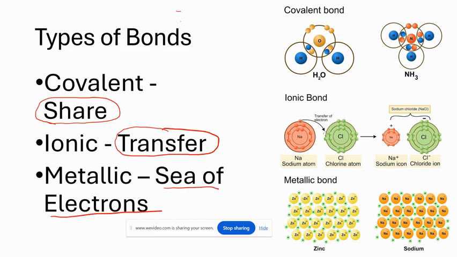Then the next type is called metallic, and metallic involves a sea of electrons. So here you're going to have a positive cation, and your electrons are going to be able to flow or move kind of independently through those cations. And that's why these metals are capable of moving electricity, because all electricity is moving electrons.